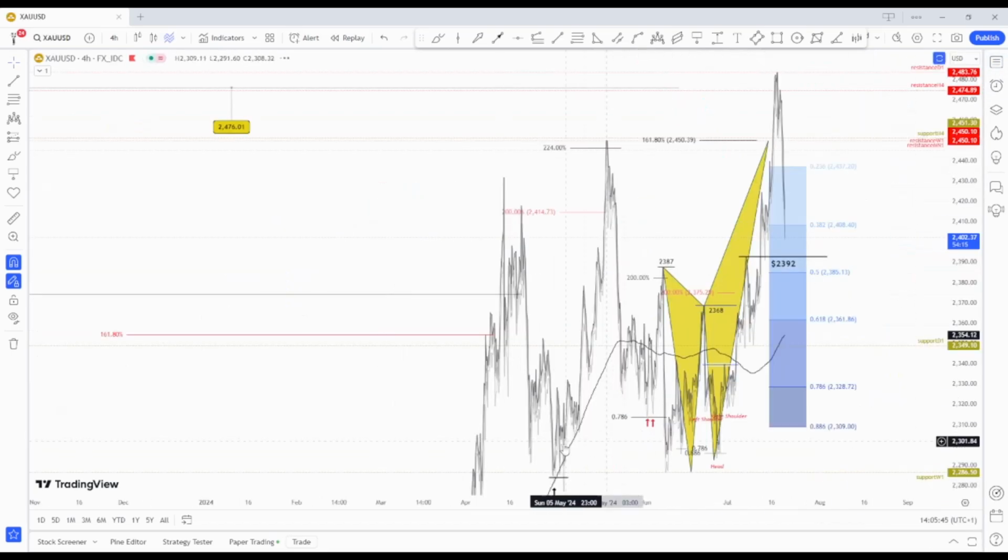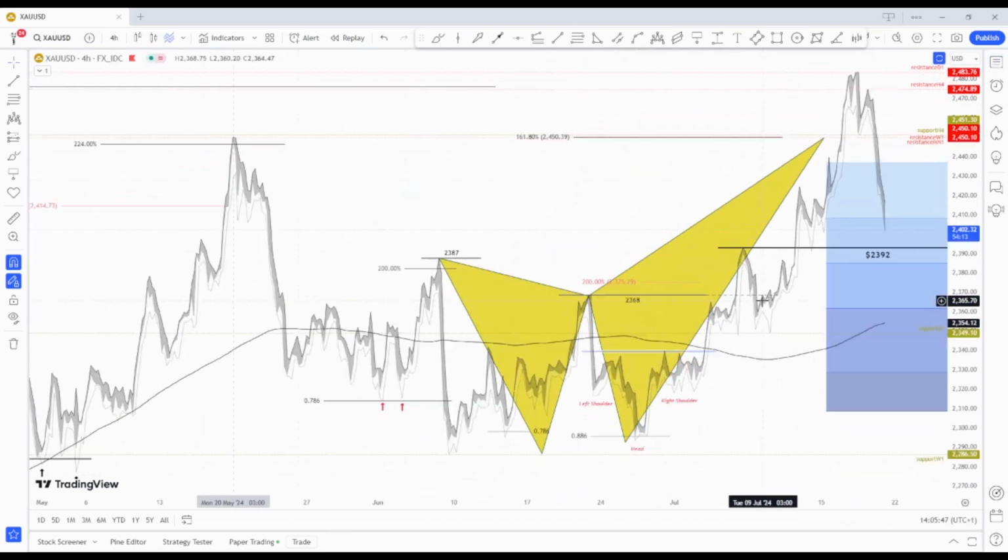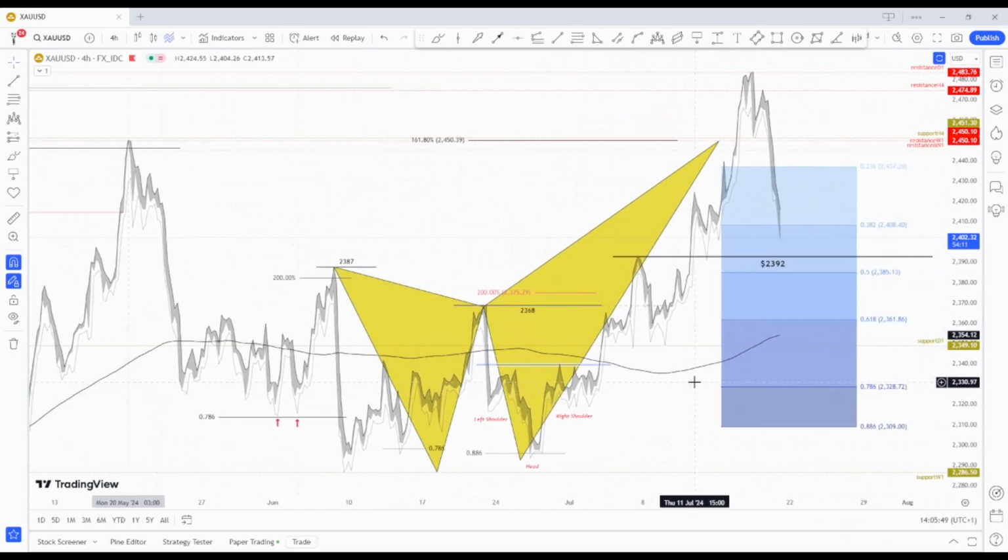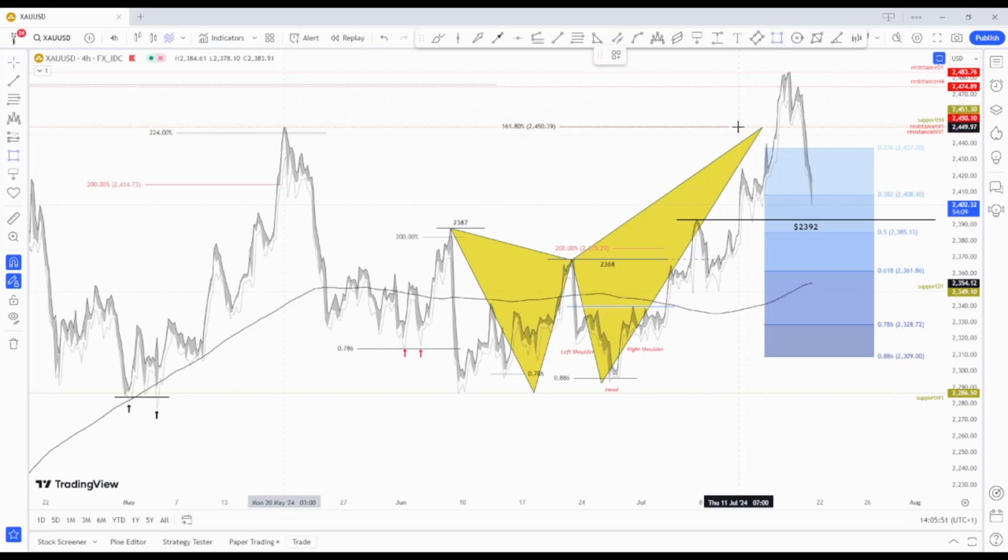Now let's track gold. We have been warned about this possibility, specifically about this move above the major resistance level.